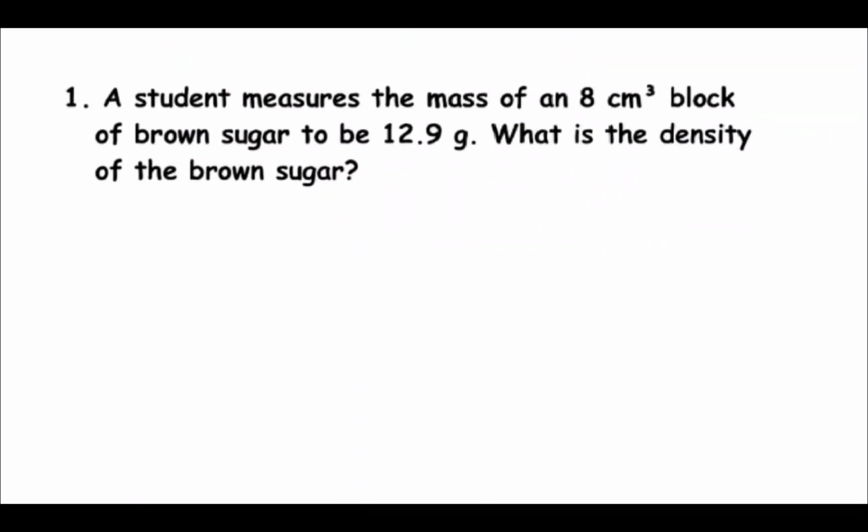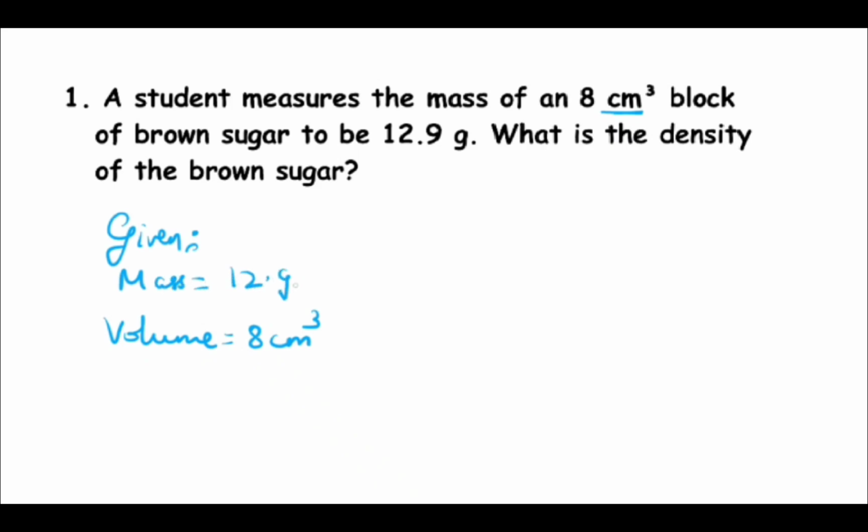A student measures the mass of an 8 centimeter cube block. So by looking at the unit, I know that the volume has been given, which is equal to 8 centimeter cube, of brown sugar. So the mass of this brown sugar is 12.9 grams.